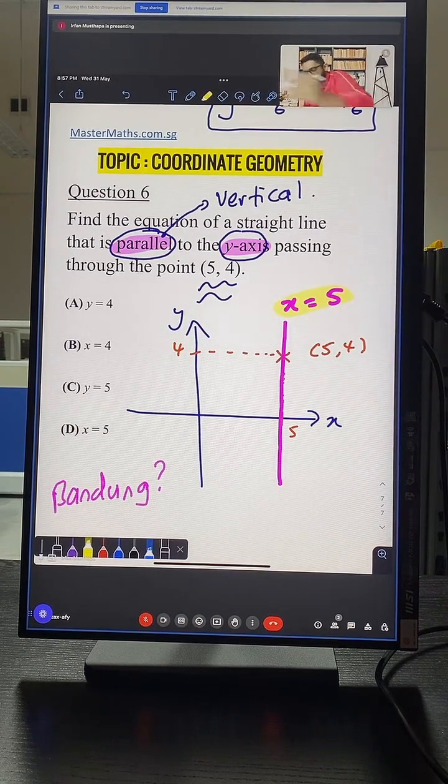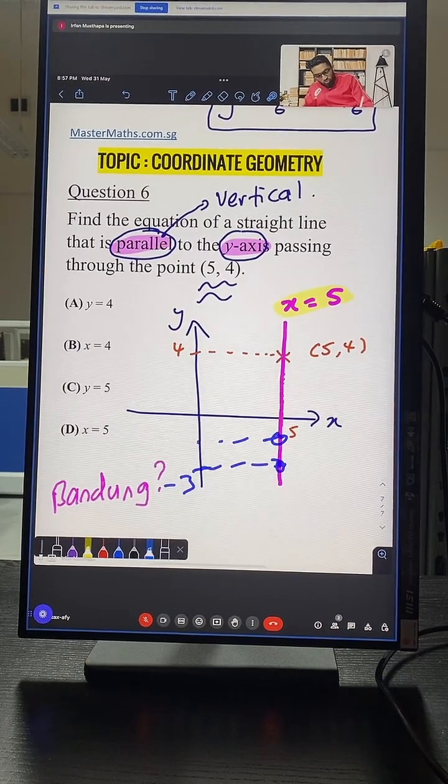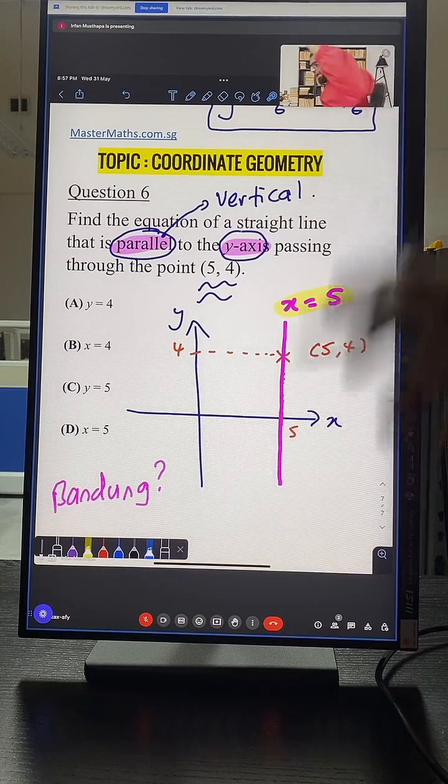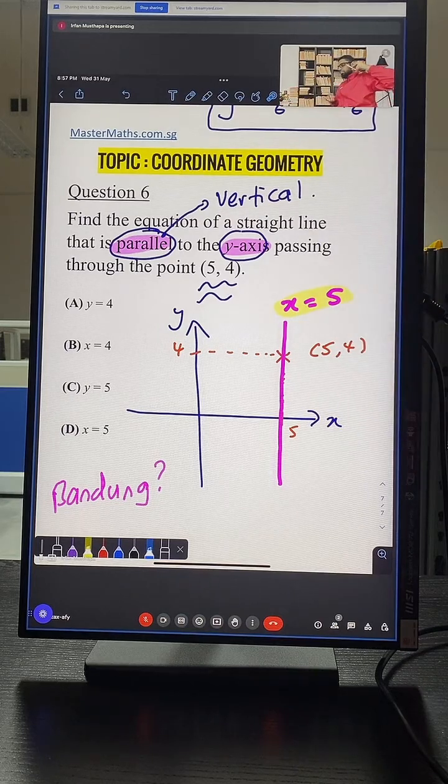Everywhere on this line x is equal to 5. So at this point here, y will be different. Maybe it's -3 here. This point here, maybe y is -2. This point here, maybe y is 2. You see, the y value keeps on changing across this line, across this Bandung line. But across this Bandung line, x will be 5 all the time.